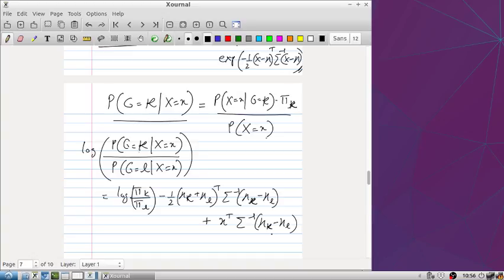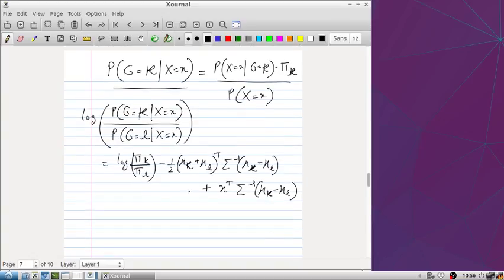What is interesting is that this function is actually linear in x. See this, there is no x here, first of all. There is no x here.